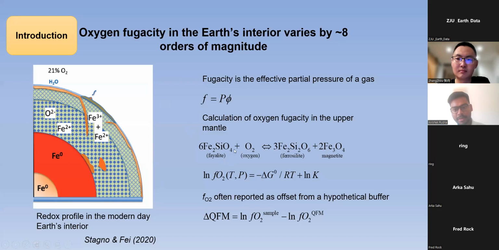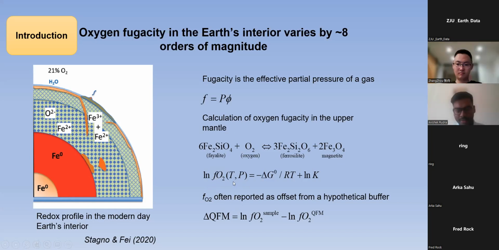For example, in the shallow upper mantle, we can write out a reaction between different phases, where the fayalite component in olivine reacts with oxygen to produce a ferrosilite component in OPX and the magnetite component in spinel. We can write out this reaction and measure the chemical potential of oxygen in that system, which can then be translated as the oxygen fugacity of the system.